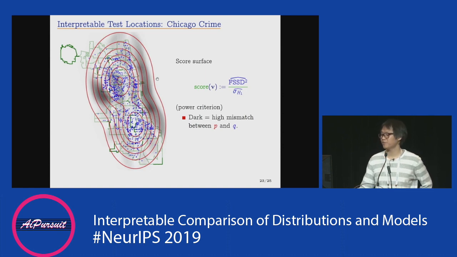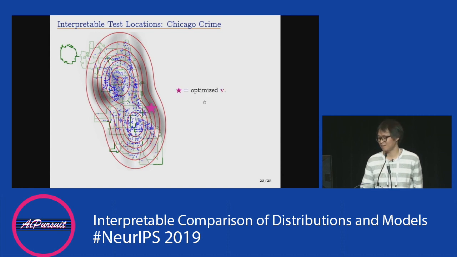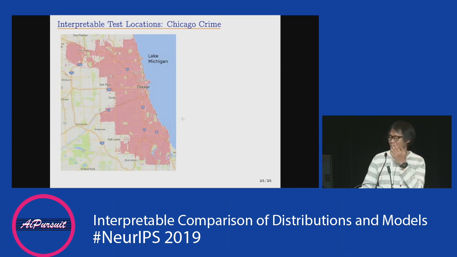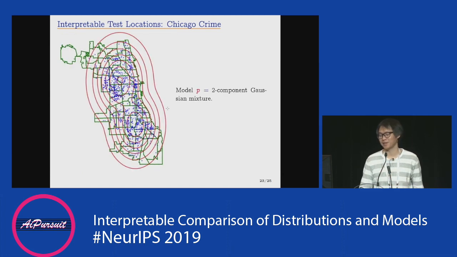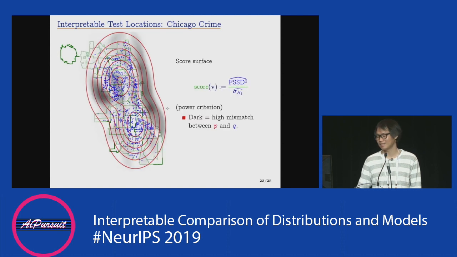And in fact, if you do the maximization of the score function, so find the best point with the highest test power, you get here. And the reason it is here is because that is in the lake, and there's no robbery in the lake. But the model says that there should be something, right? It puts quite a lot of probability mass here on the right.